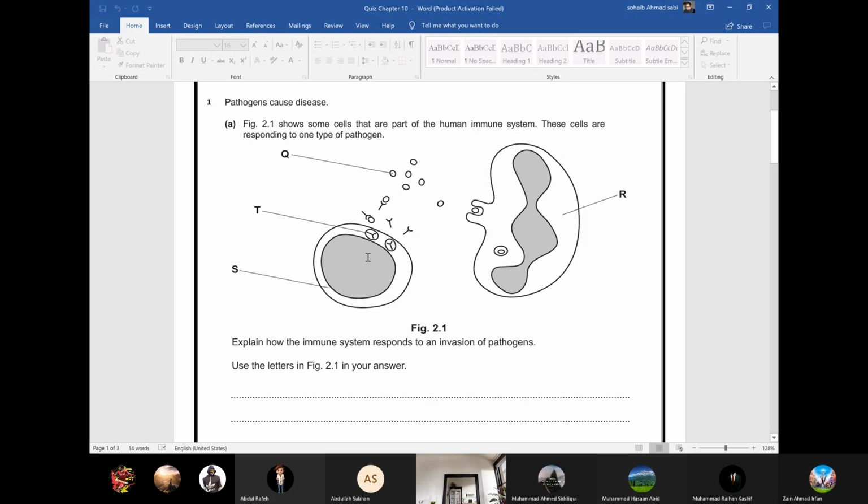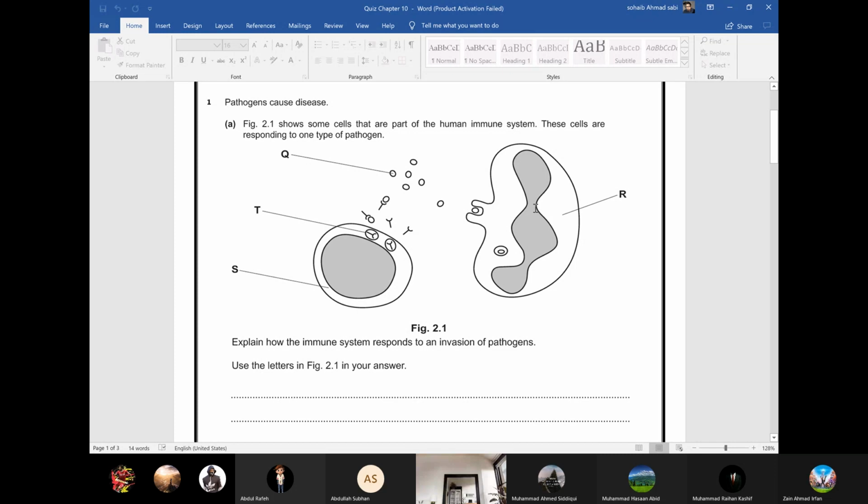a normal shaped nucleus. The lymphocyte will always have a normal shaped nucleus, right boys? And this normal shaped nucleus will be larger in size. Understand everyone?